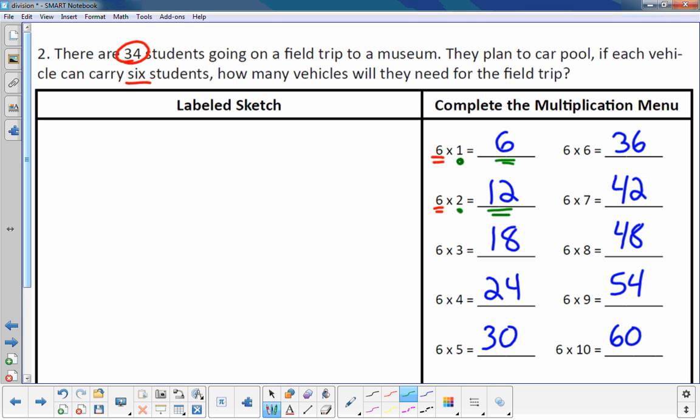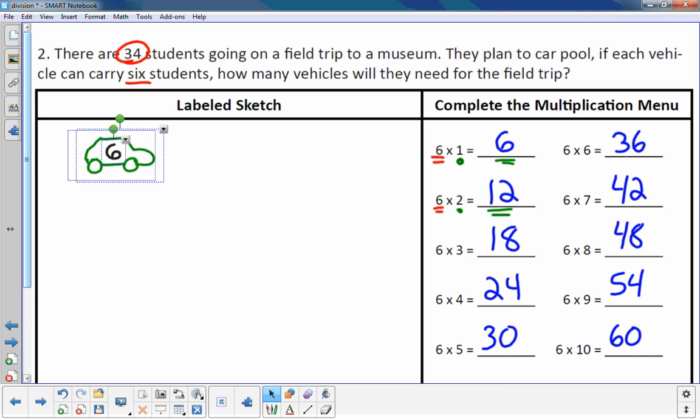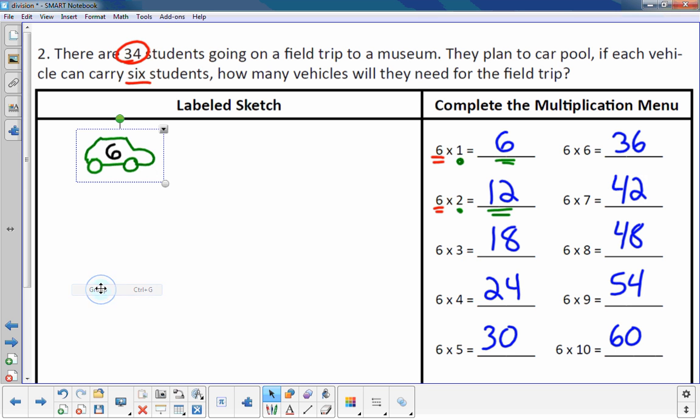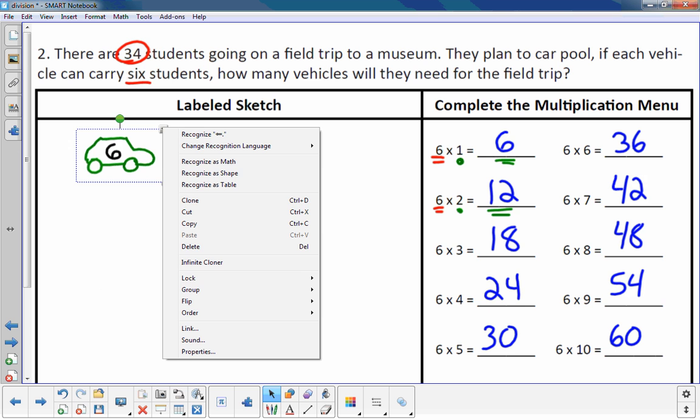So I'm going to draw a car the best I can. And I'm going to write the number 6 inside. And I have a computer to use, and I can just clone this.